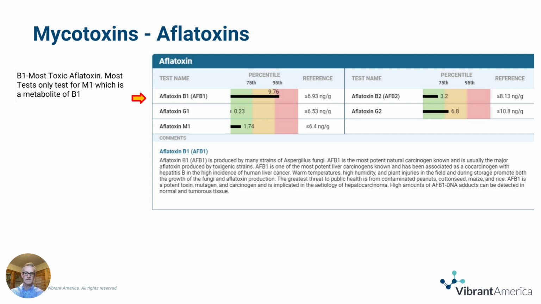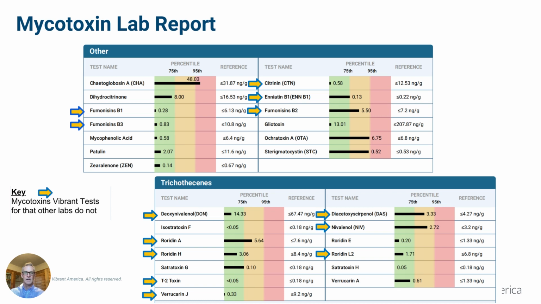So we're looking at several different aflatoxins, and then we've also got this key showing you some of the mycotoxins that other labs do not necessarily test for. We try to group them like the aflatoxins, trichothecenes, and then the others that don't fit into a specific group.